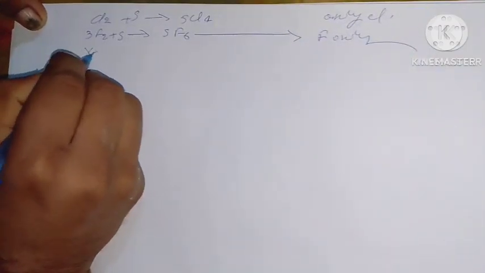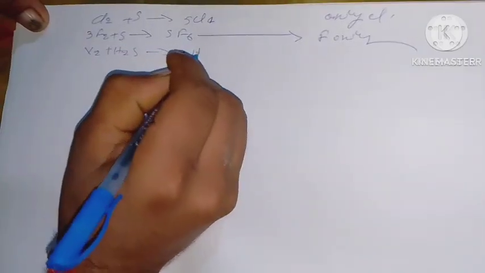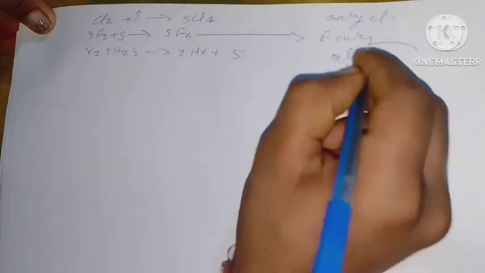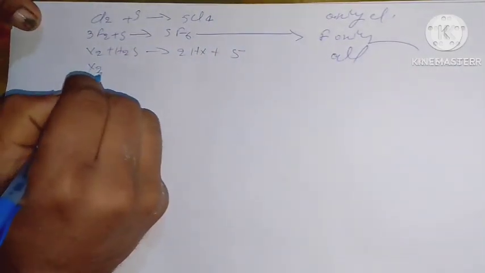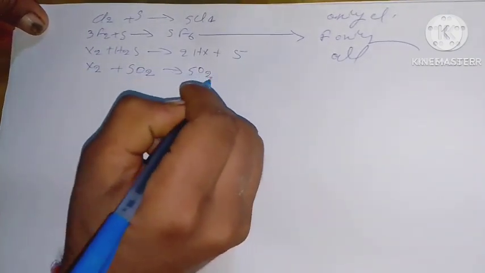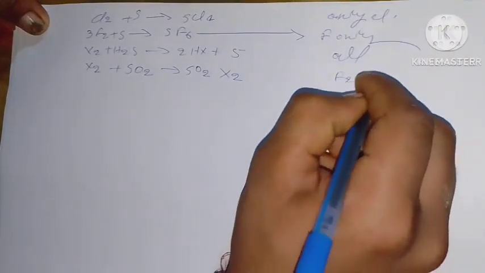X2 plus H2S gives 2HX plus S, which reacts with all halogens. And X2 plus SO2 gives SO2X2, reacting with only fluorine and chlorine.